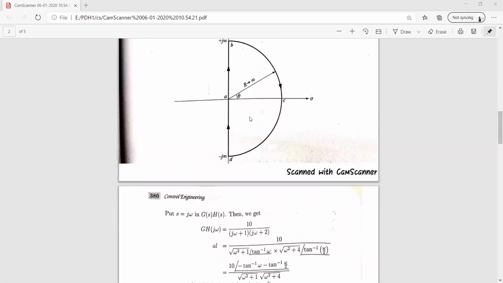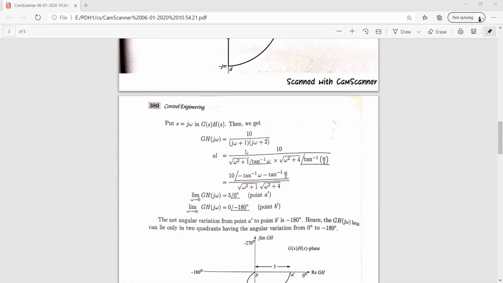So you'll get 10 by (j omega plus 1)(j omega plus 2). If you want to find the magnitude, that will be 10 by root of (omega square plus 1) into root of (omega square plus 4), with the angle being tan inverse of omega plus tan inverse of omega by 2.